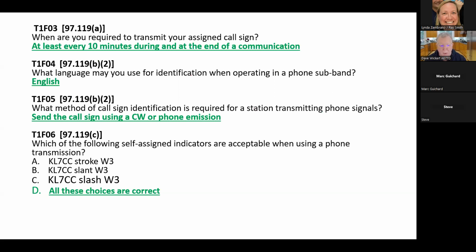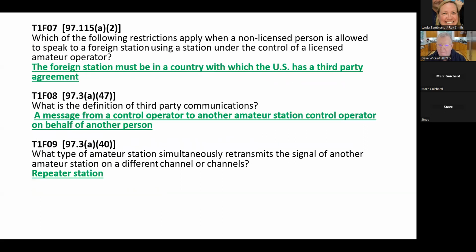Many repeaters identify using Morse code. You can use either Morse code or speaking with your voice. That's a phone transmission. If you'd like to use your own identifier after your call sign, you're welcome to do that. Any of these three valid answers are on the exam.